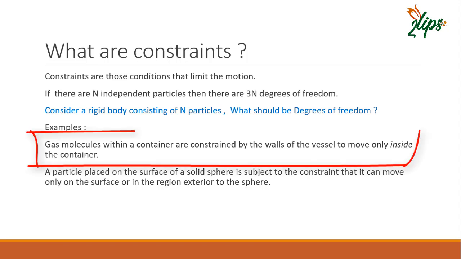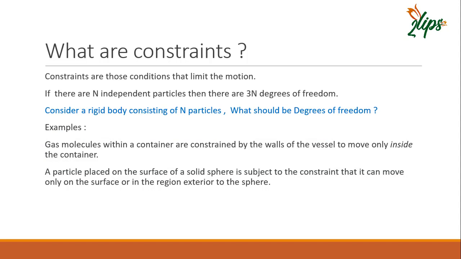If we have a container and it contains gas molecules, then these gas molecules are constrained to move within the container. They cannot escape this container. So this is an example of constraint.